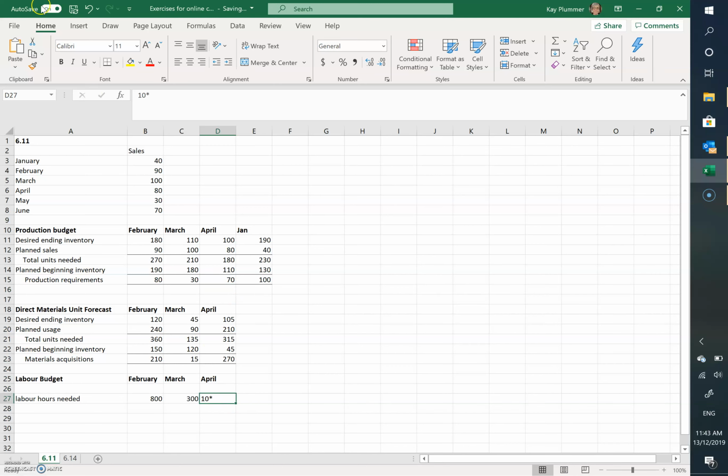Whoops, missed putting that. There we go. And they're our production requirements. So that's the direct labour hours budget. And obviously the next step would be to use your labour rate to work out how much it would cost for that. And for the other ones, you'd need to work out your material costs to work out the cost of purchases. But that's question 6.11.